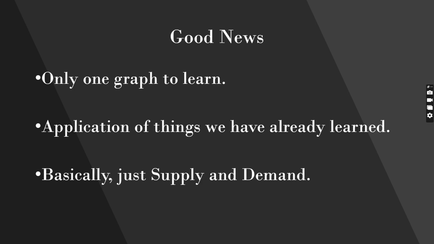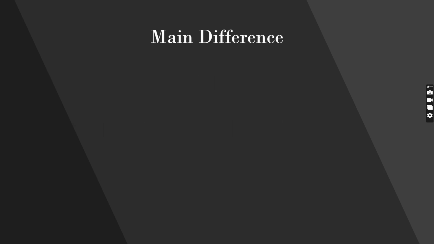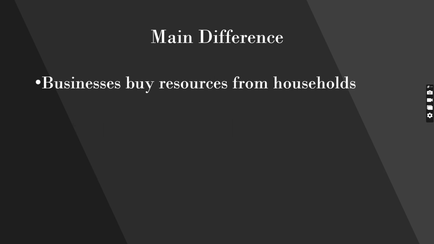And so this model, it should be pretty familiar. We're just going to be adding in some new details. The main difference is that in this course, up until now, we have been using supply and demand to represent product markets. And these are markets for goods and services. And so we've been assuming, of course, businesses are using resources.